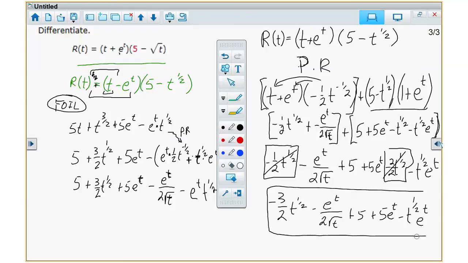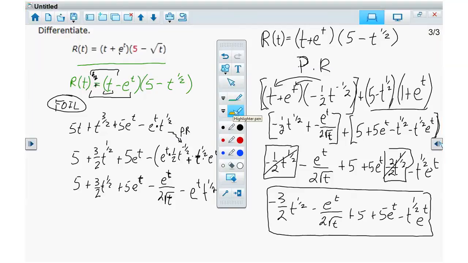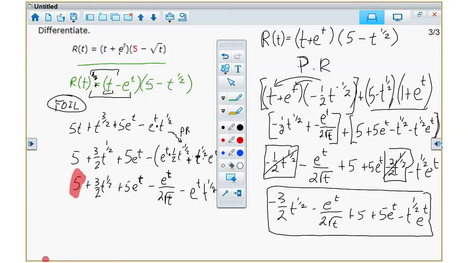And check that with our previous example. Let's see what we got. Let's use our highlighter. We got our 5. 3/2 t to the 1/2. Uh-oh. It was messed up in the FOIL. It should have been negative 3/2. Okay, thank you.